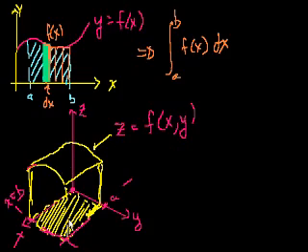I just want to give you the intuition. It's just an arbitrary y. But for some constant y, what if I could just figure out the area under the curve there? How would I figure out just the area under that curve?